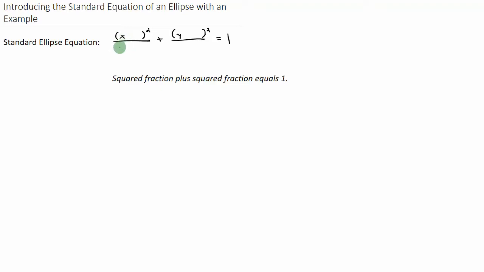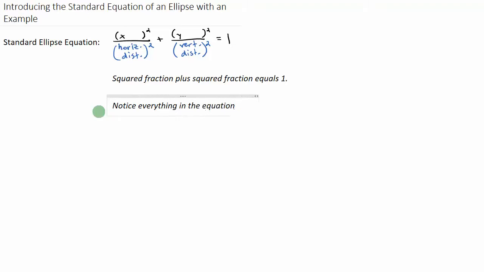The denominator of the x fraction is the horizontal distance squared, and the number under the y fraction is always the vertical distance squared. Notice everything here is squared.